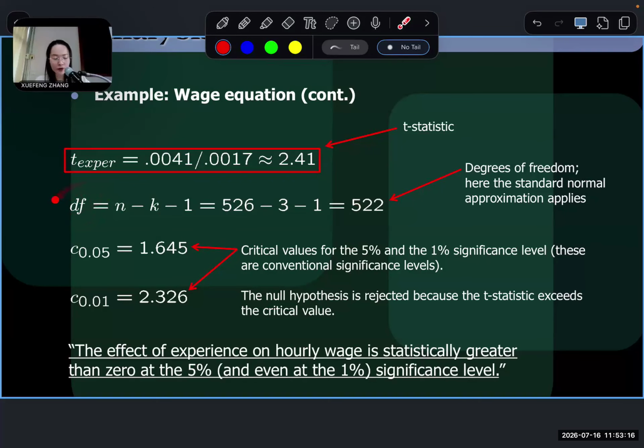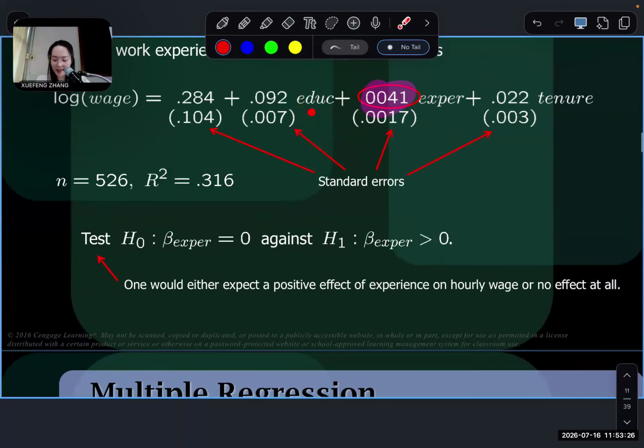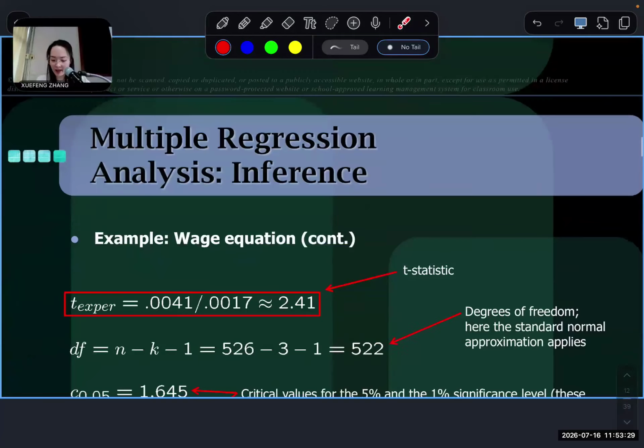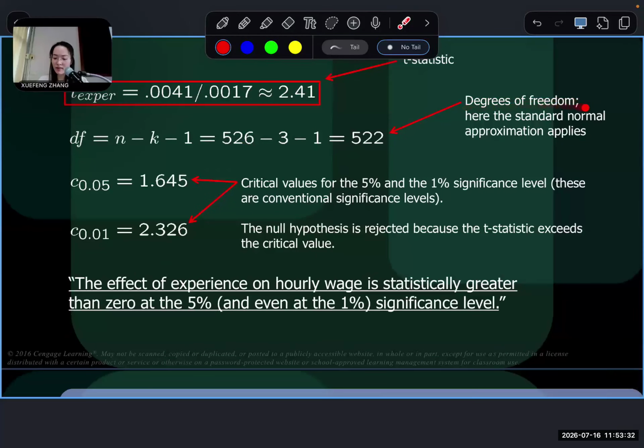What is the degree of freedom? N minus k minus 1, which is 522. k equals 3, right? Because we have 3 regressors, okay? Education, experience, and tenure. That's why k equals 3. Look at the degree of freedom. Here, the standard normal approximation applies because 522 is a large sample size, all right? So with this large sample, the t distribution is essentially identical to the standard normal.